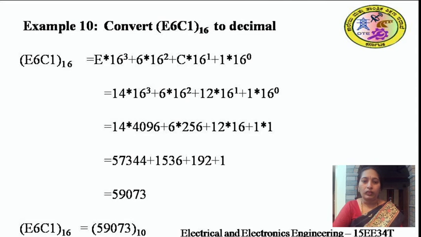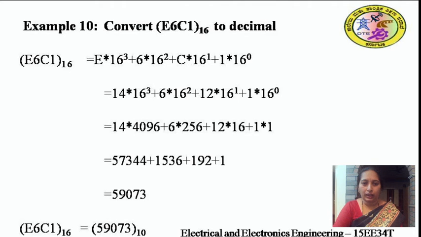If we multiply these individual numbers by their weights and add these products, I'll get the final value.